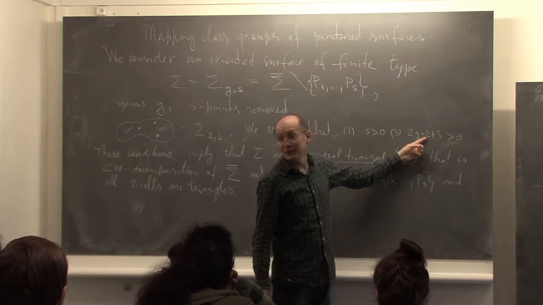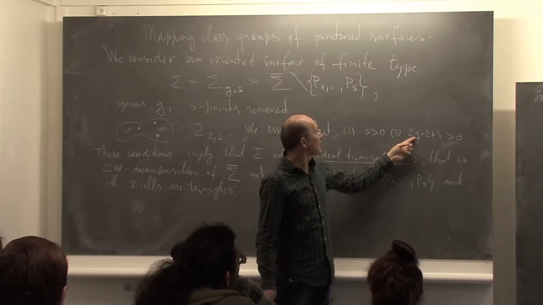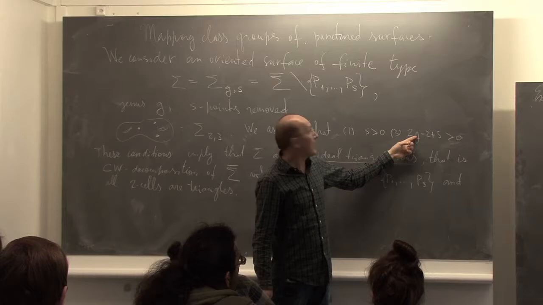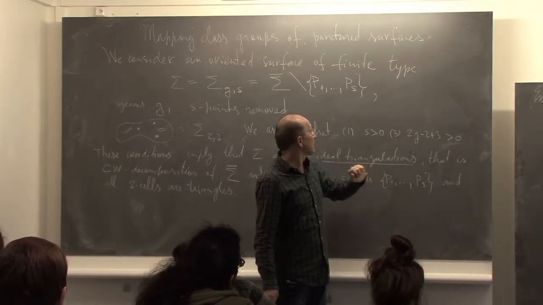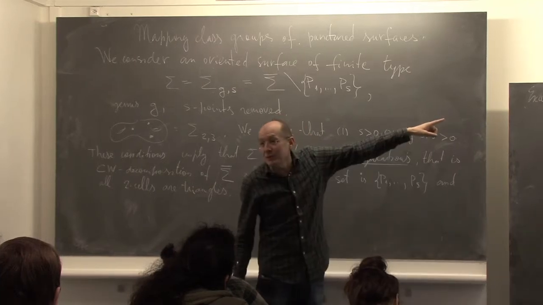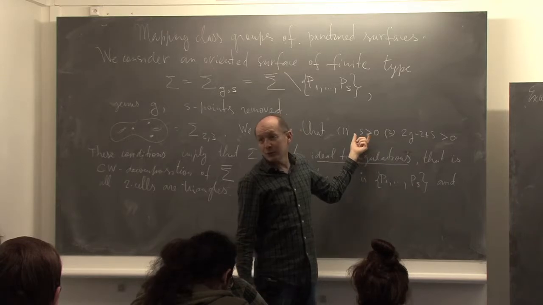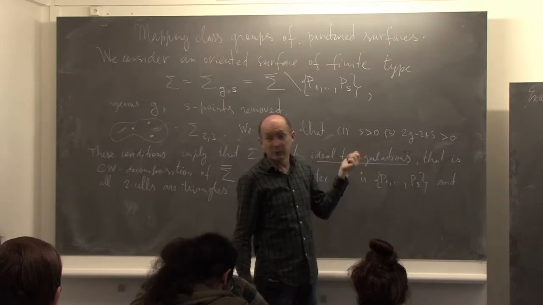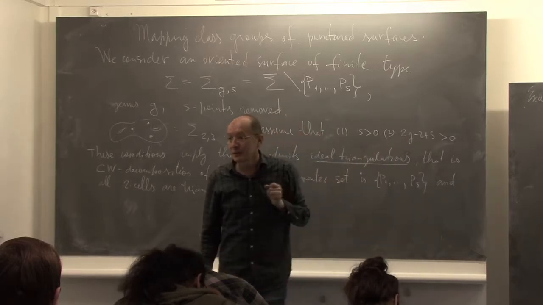Because if g is at least 1, then it is trivial. But if g equals 0, which I'm discussing, s should be at least 3. So we can't have s equal 1, which is okay here, but not okay here. Okay?